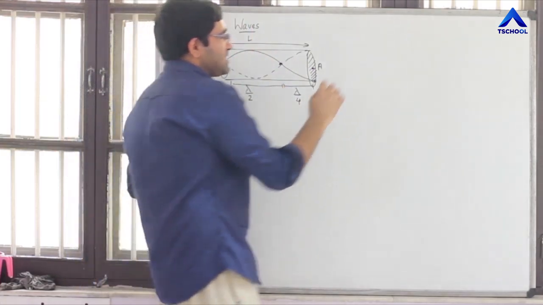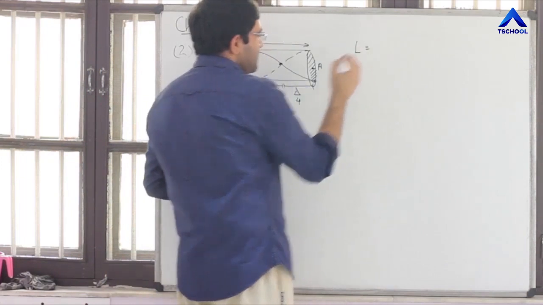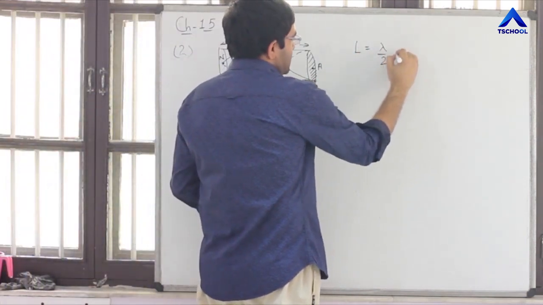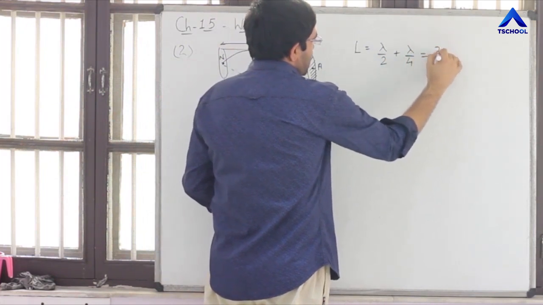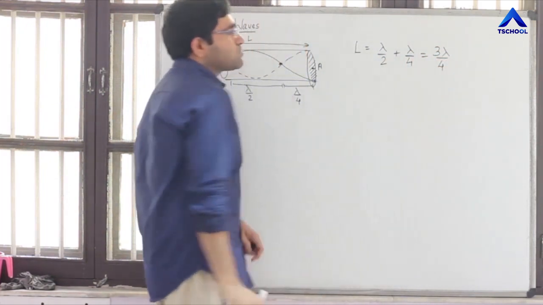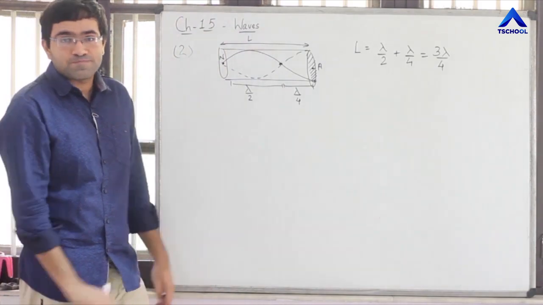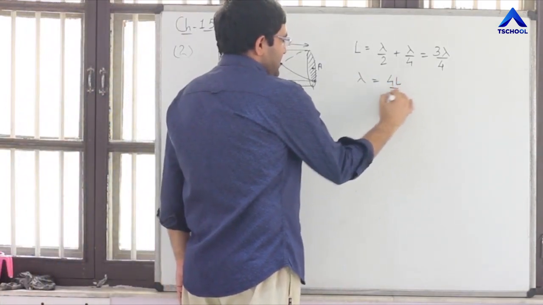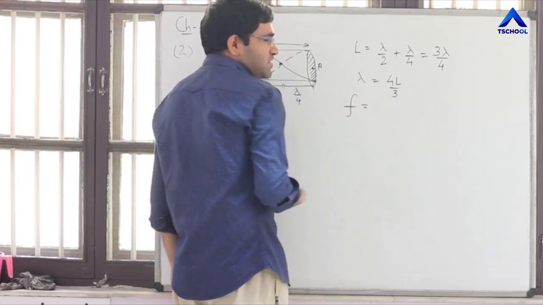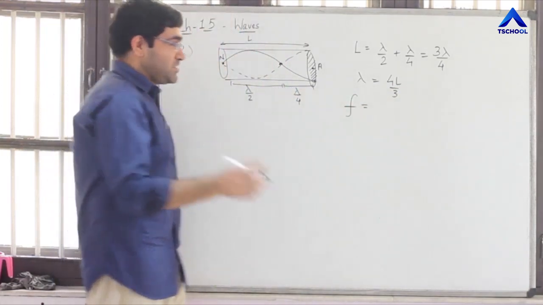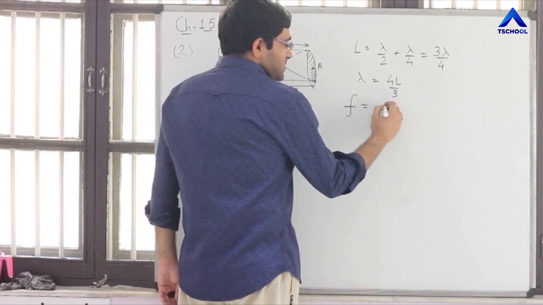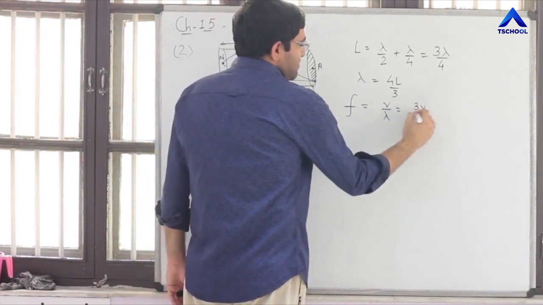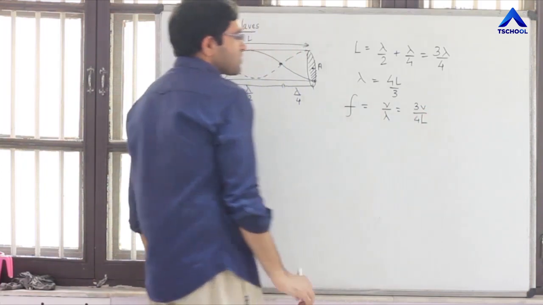So effectively, L, the length of the pipe, is lambda by 2 plus lambda by 4, which is 3 lambda by 4. That gives us lambda is 4L by 3, and the frequency of sound in this case is F is V by lambda, which gives us 3V by 4L.